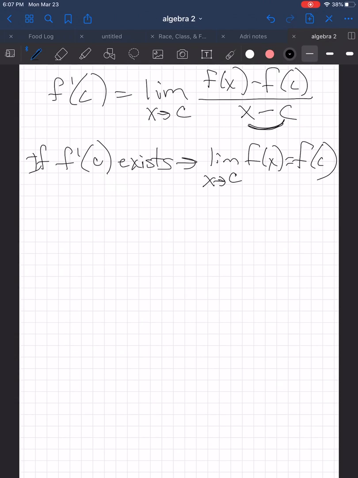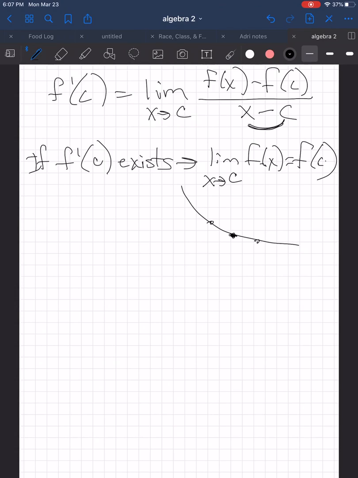In other words, on that graph, if the 2 points get closer and closer together, then they become the same point, so that the y values on both of them would be exactly the same.